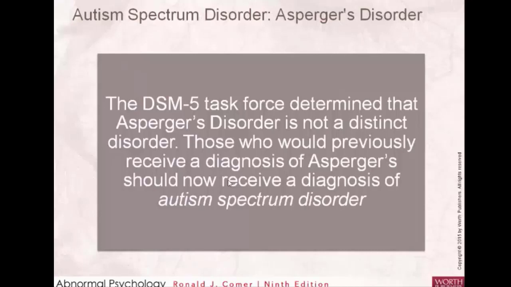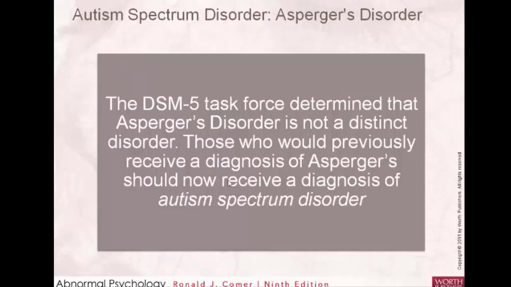So one thing that we see is that individuals who have Asperger's disorder, or previously would have been diagnosed with Asperger's disorder, often do not have some of the other problems that can be associated, like, for example, intellectual issues. So if maybe half of individuals who have autism have intellectual issues, those individuals that were previously diagnosed as Asperger's disorder might just have mostly the social issues without the intellectual academic issues that you can see with autism.